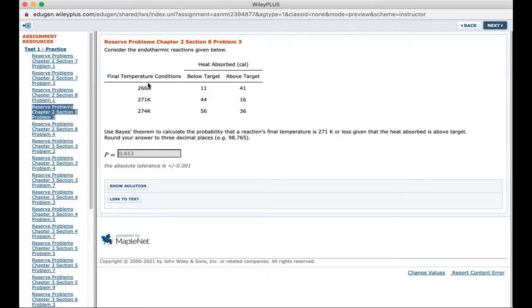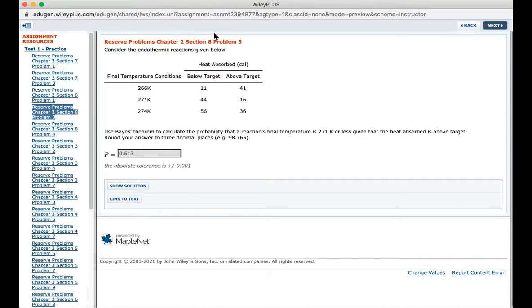Final temperature conditions are listed: 260K, 271K, 274K, and heat observed in calories. Below target lists 11, 44, 56, and above target lists 41, 16, 36. Use Bayes theorem to calculate the probability that a reaction's final temperature is 271K or less, given that the heat observed is above target. Round your answer to 3 decimal places.